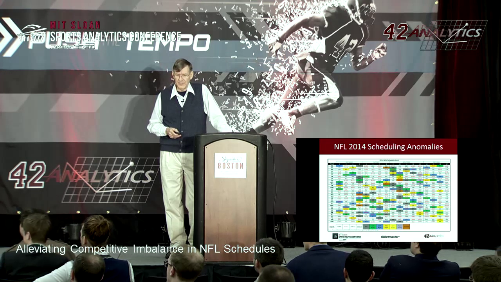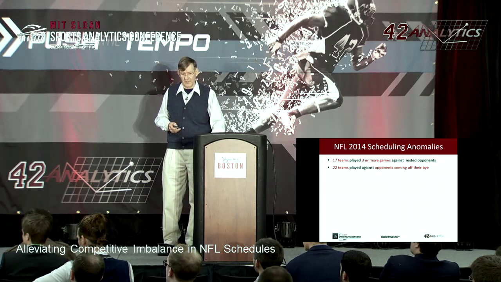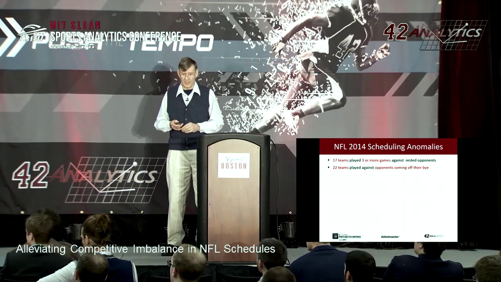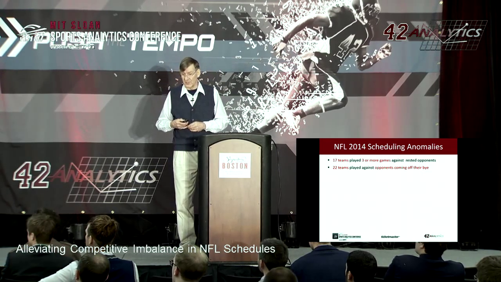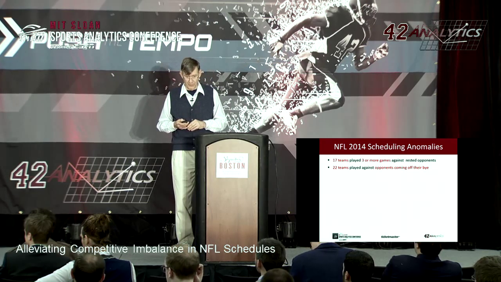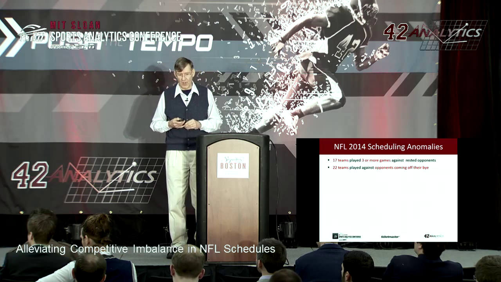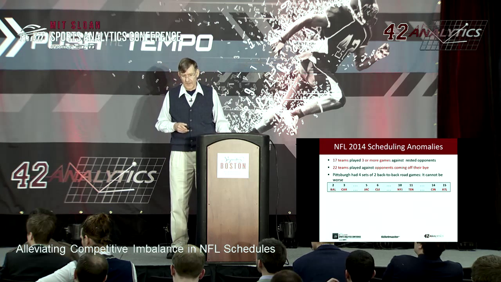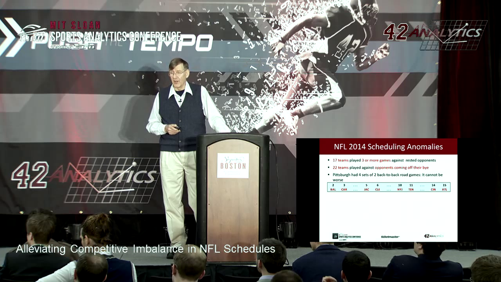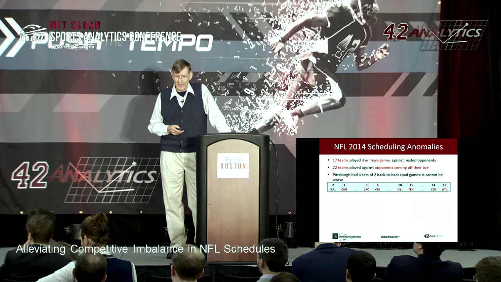The 2014 schedule we looked at in some detail, and we find a number of anomalies. There were 17 teams of the 32 that played 3 or more games against rested opponents. Now remember, a number of teams never play against any rested opponents. 22 teams came up against opponents coming off their bye. Pittsburgh, one of our authors also did his PhD at Pittsburgh, had 4 sets of 2 back-to-back road games.